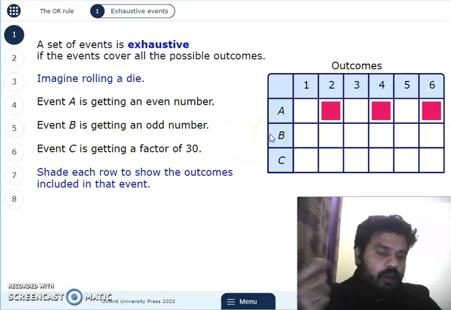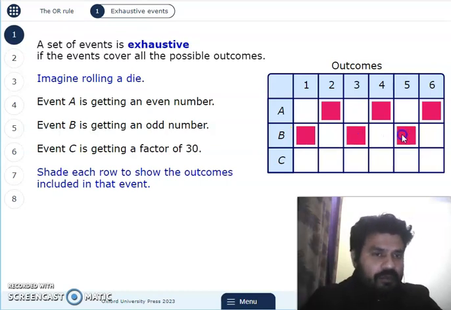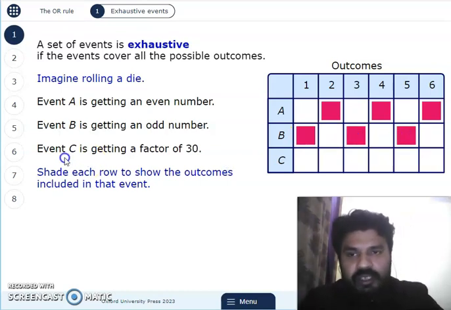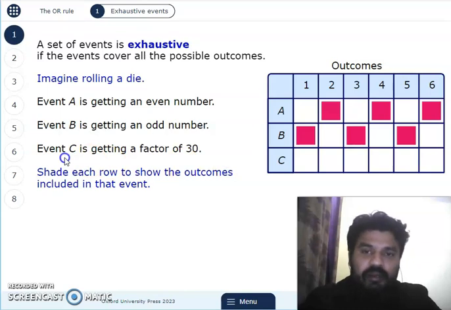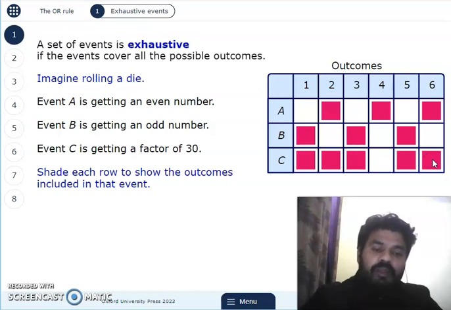So odd numbers are 1, 3 and 5. Now third is event C, which is getting a factor of 30. Factors of 30 are 1, 2, 3, 5 and 6. So these 3 events are given, and we have to check whether these are exhaustive events or not.